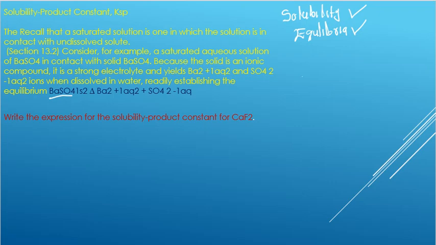But then there is something very important that we call the solubility product constant, also referred to as the KSP. It is simply a value that tells us the level of dissociation of a particular compound or molecule.